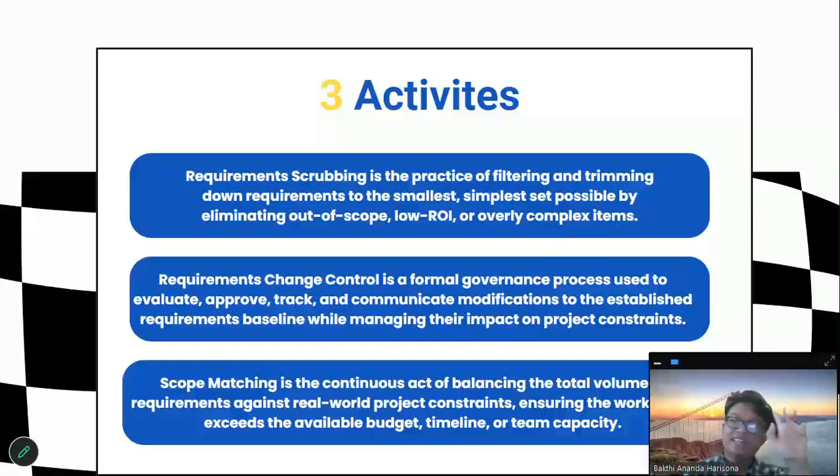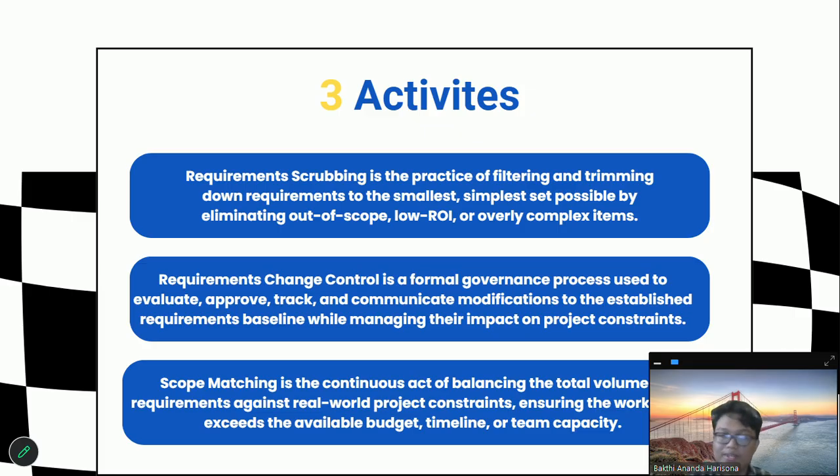There are three activities that we need to understand in this topic. First is requirements scrubbing. Requirements scrubbing is the practice of filtering and trimming down requirements to the smallest, simplest set possible by eliminating out of scope, low ROI, or overly complex items.